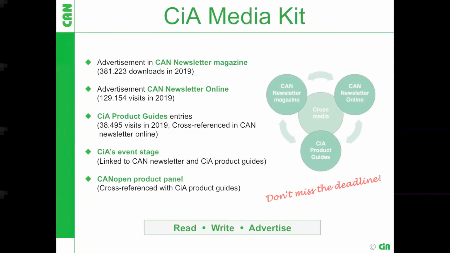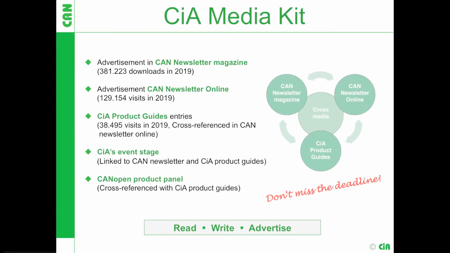So here you can find some figures about CiA's media kit. All CiA marketing products are highly cross-referenced with each other. It means an advertisement will be seen several times in the CiA publications.